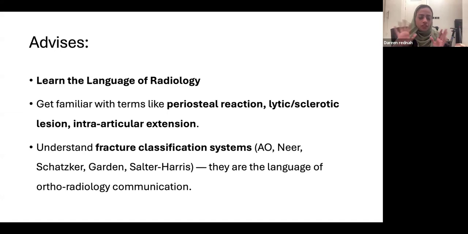I'll tell you why it's important. The consultant is at home taking the on-call. So you call him: I have a patient who fell down, fractured distal radius. X-ray showed a distal radius fracture with intra-articular extension.